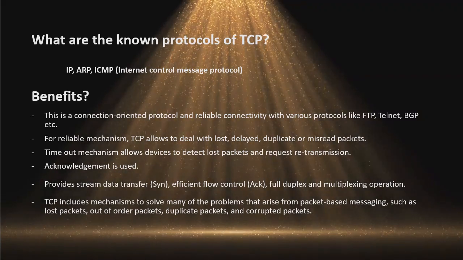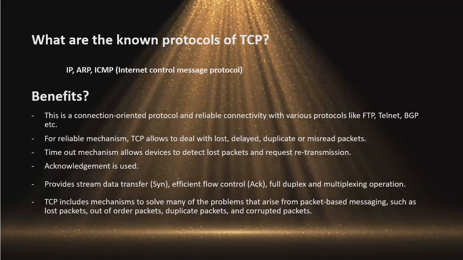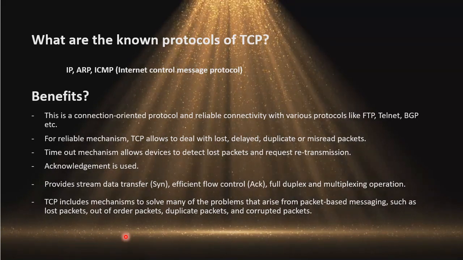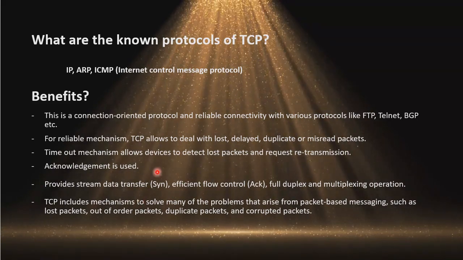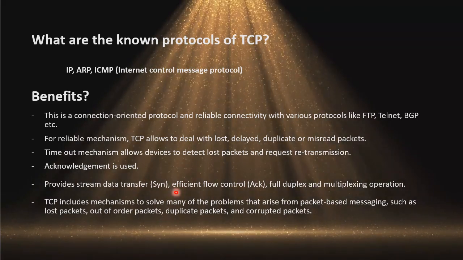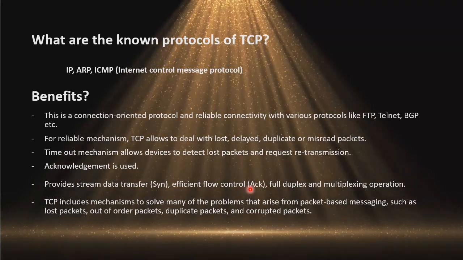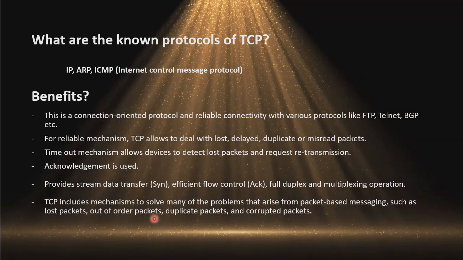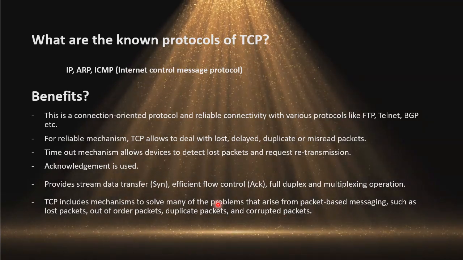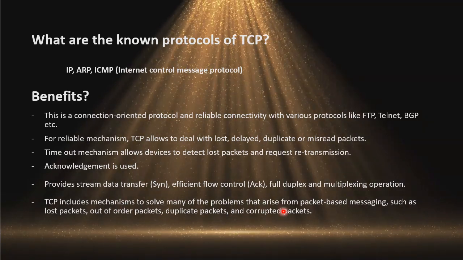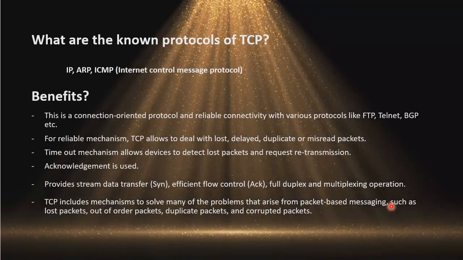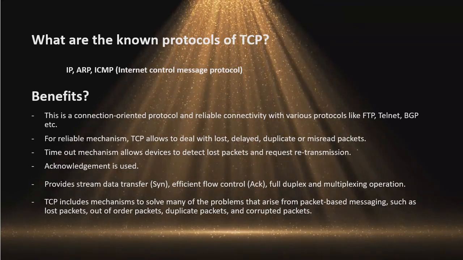For each and every packet, an acknowledgement is sent back to the sender. For streaming the data transfer, we can use the SYN bit, and for flow control, we can use the acknowledgement bit. We already discussed in the previous slide that it has a mechanism to solve the problems that arise in packet-based messaging.